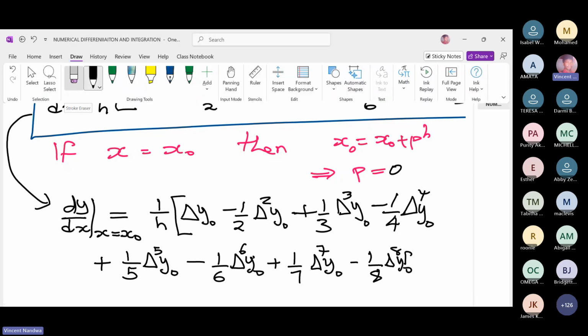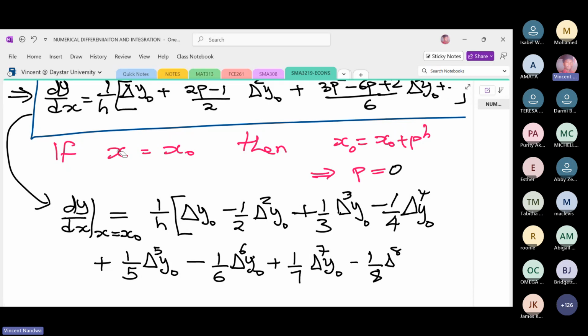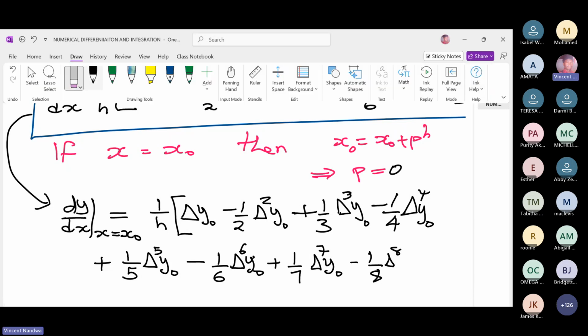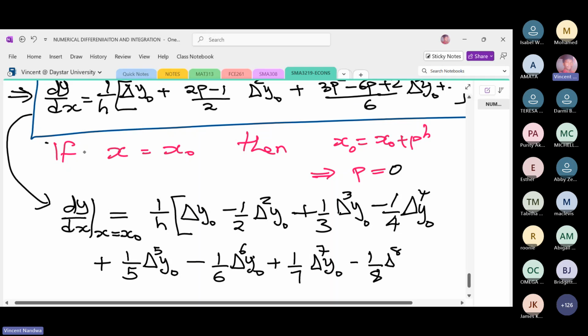So the terms of this formula can be predicted, and it's a very easy pattern to predict. If you are to write the next term of the Newton forward interpolation formula and you do the same process, you will find out that these would be the next terms.